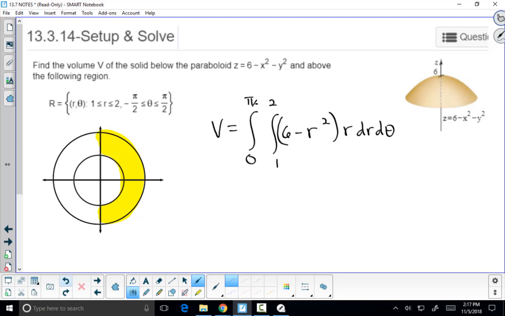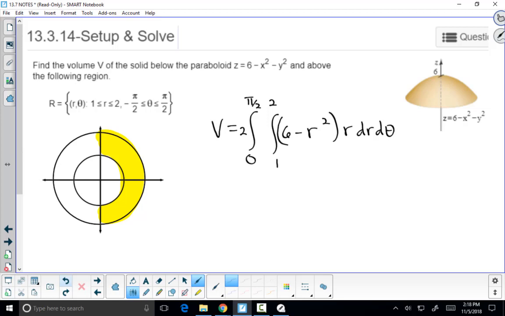So everybody agree with that? Instead of going from minus pi over 2 to pi over 2, we went from 0 to pi over 2 and doubled it.